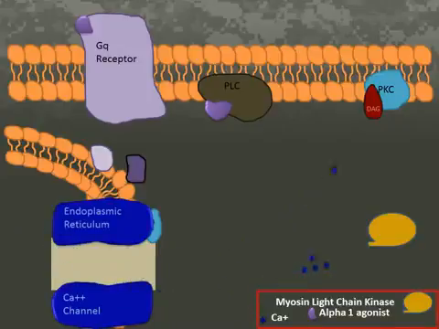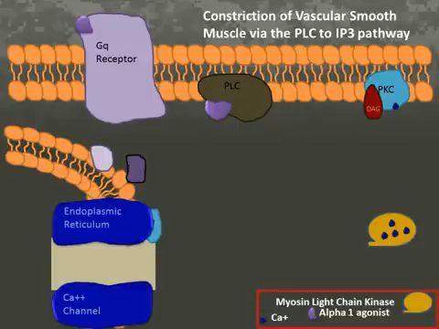This calcium binds to calmodulin, which in turn binds to myosin light chain kinase. This complex binds to myosin, which activates actin binding and leads to smooth muscle contraction.